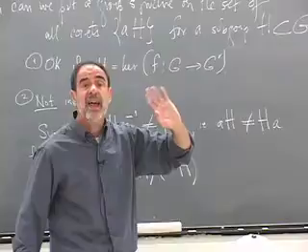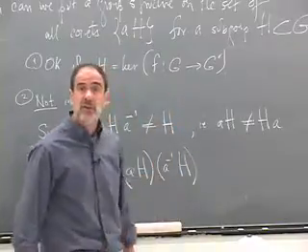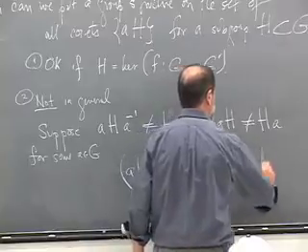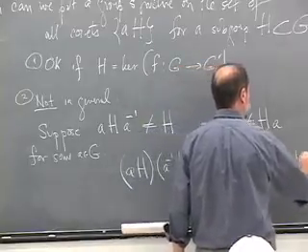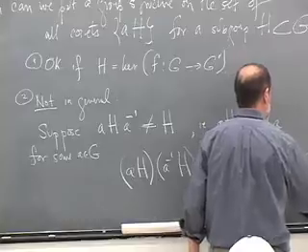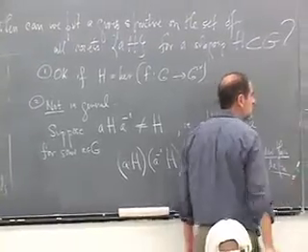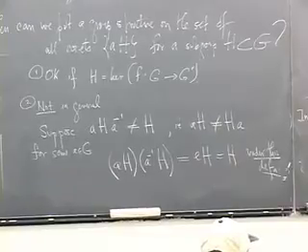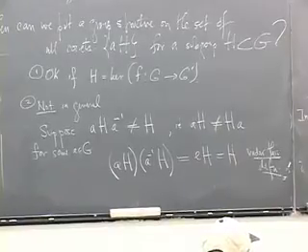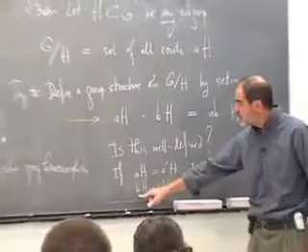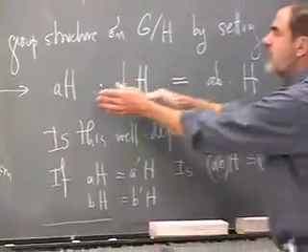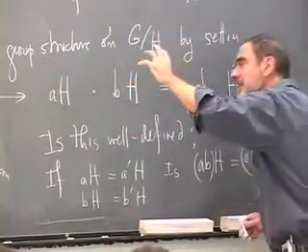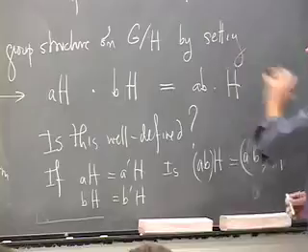It would get me the coset H, because A times A inverse is E. So this would be EH, which is equal to H. Now, this would be true for any A prime in AH, and for any B prime in BH, so it says that this definition will only work if the product of anything in here times anything in here is in this coset.